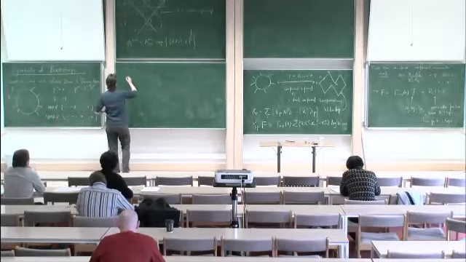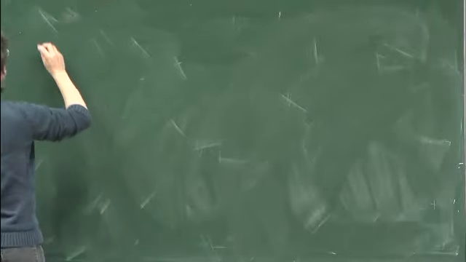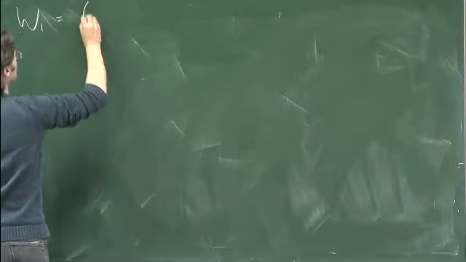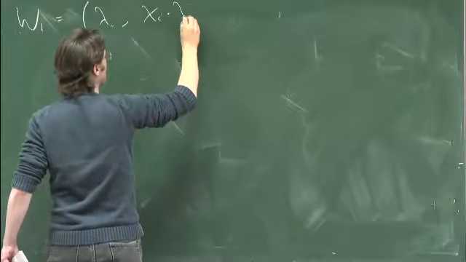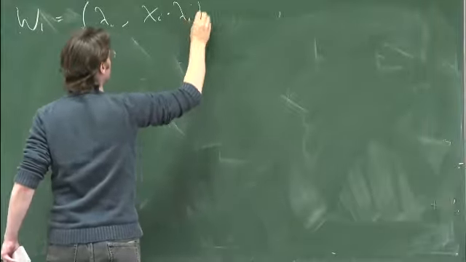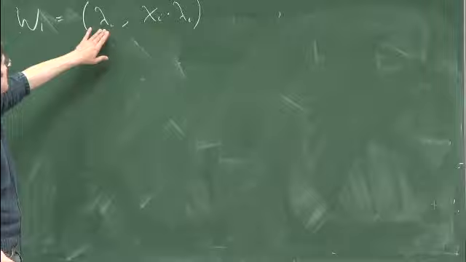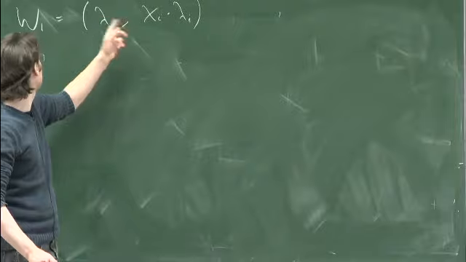So here what I'm going to do is take the momentum p_i, I'll just take the first half, this lambda variable, so I'll form an object w_i, which is lambda_i and then x_i contracted with lambda_i. And this is now a 4-component object. This is the first 2 components, and this is the second 2 components, so this is 4 components overall.